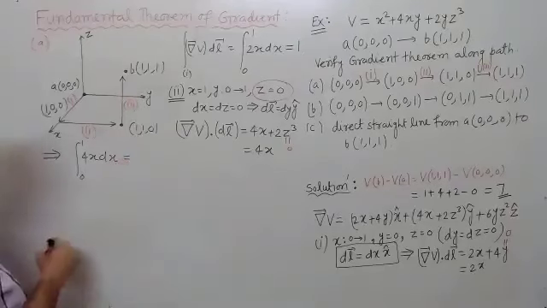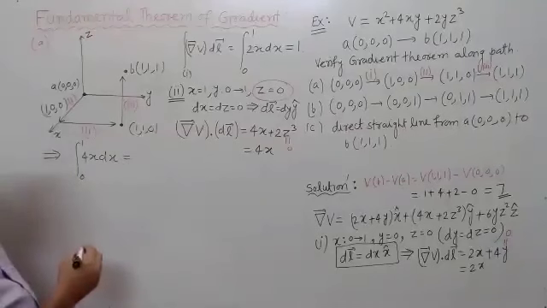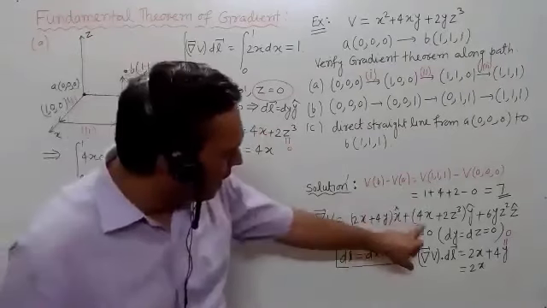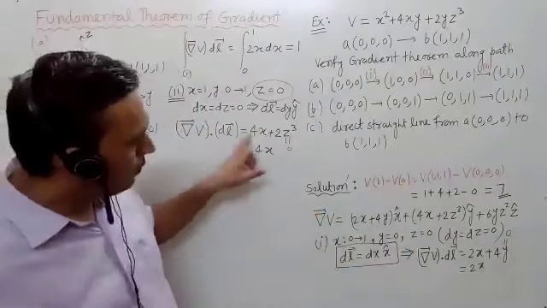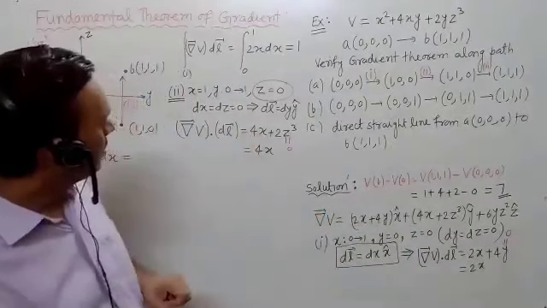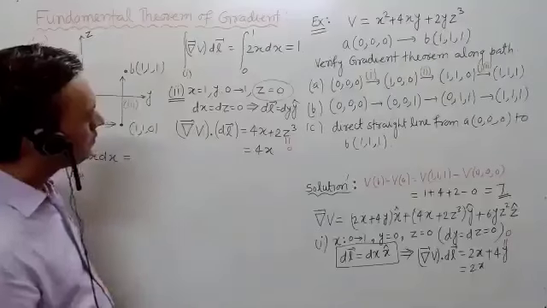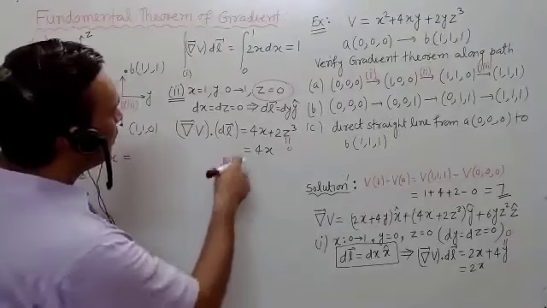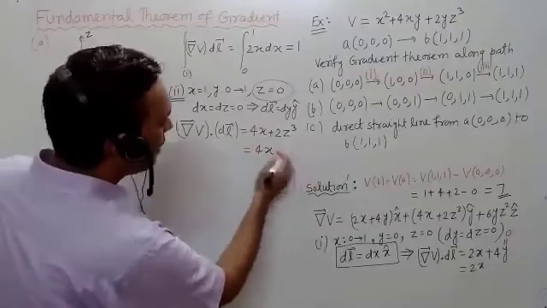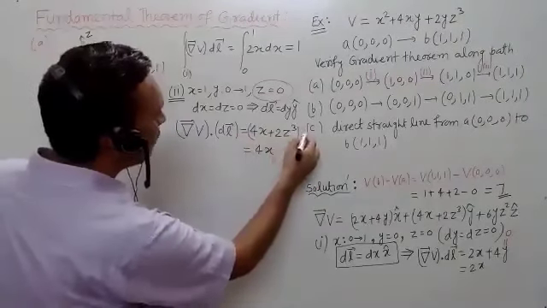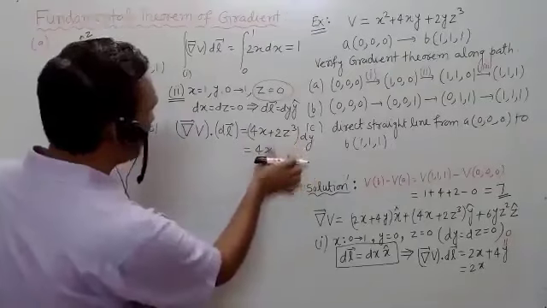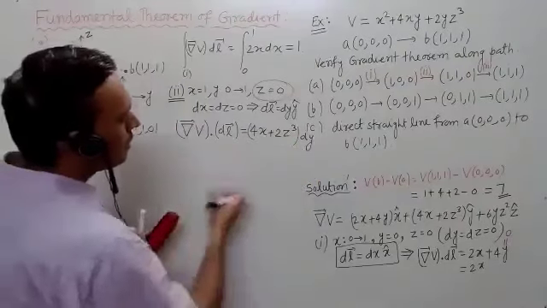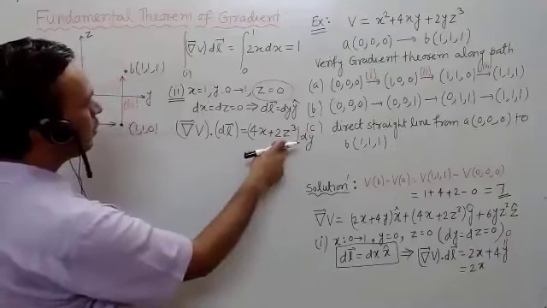Sir, here dl is dy y cap, no, sir? So you will get 4x dy. X is also, just see, z is 0 and x is 1.